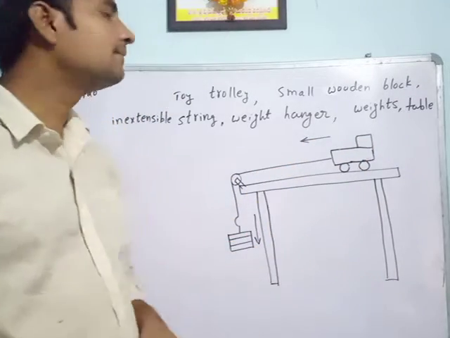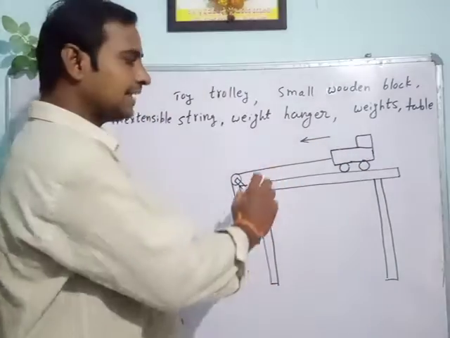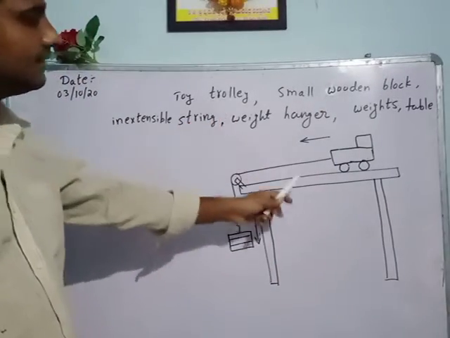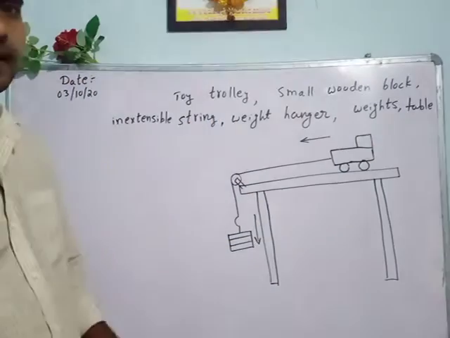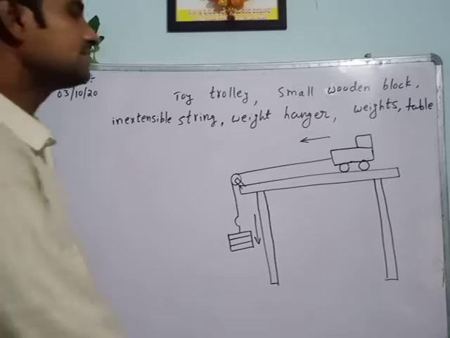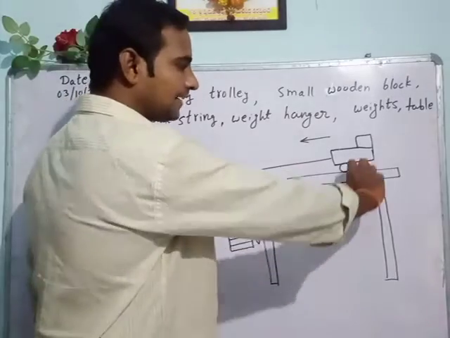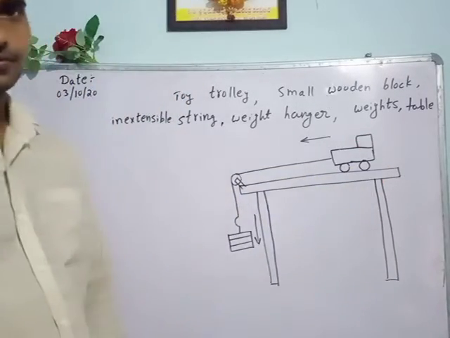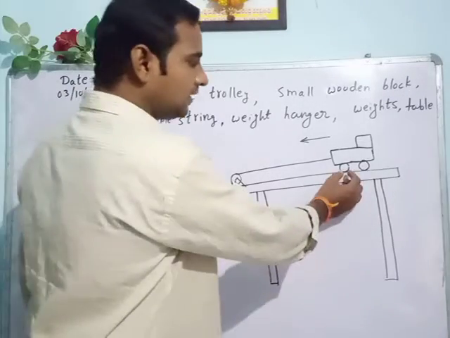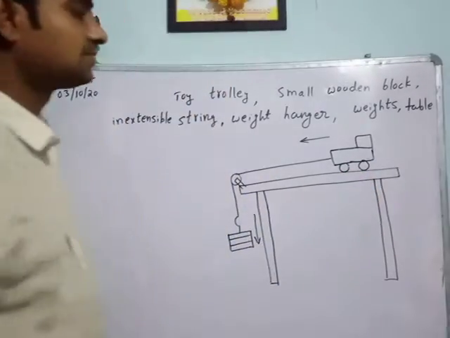So here the force between the toy trolley and the table is simply frictional force, because the table is at rest but the toy trolley is in motion. So here one force is applied, and that force is frictional force.